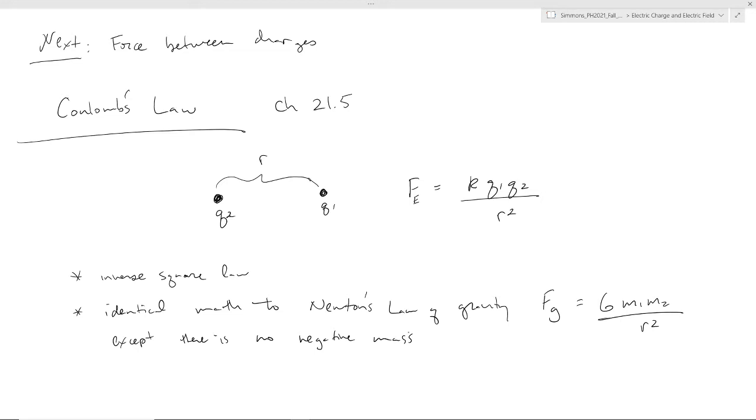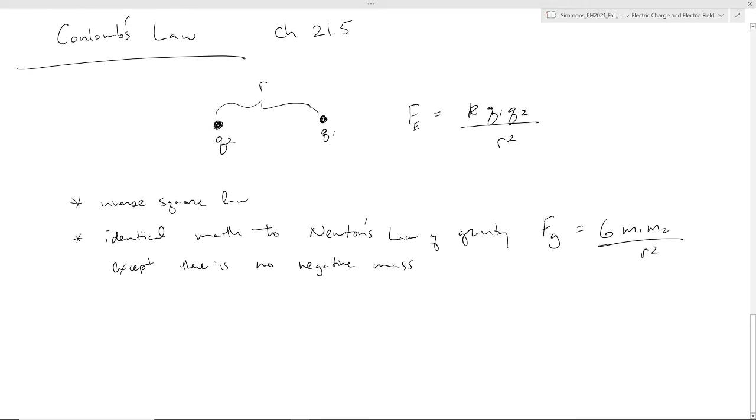So a couple other details to mention about Coulomb's law. For gravity, we talked about big G as being the constant. Well, for the electric force, this K is really shorthand for 1 over 4 pi epsilon naught, where epsilon naught is really the fundamental constant.